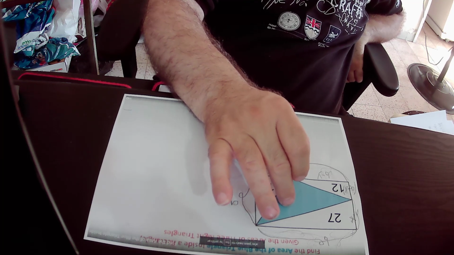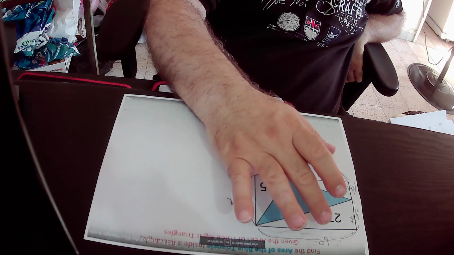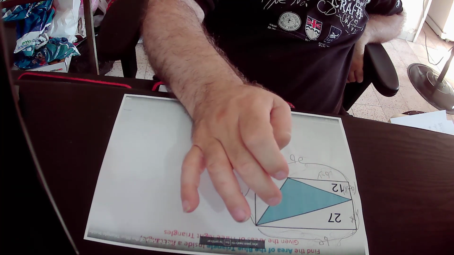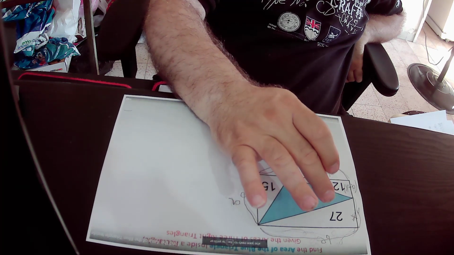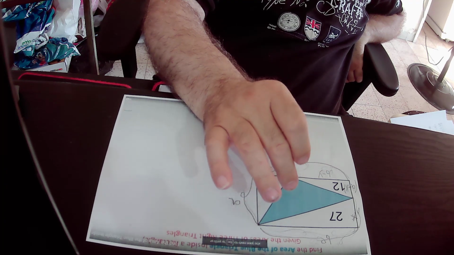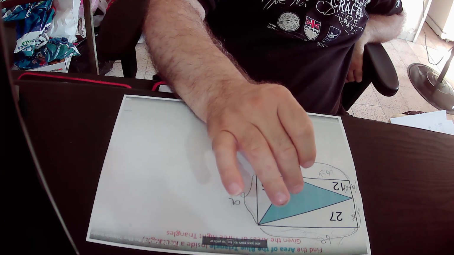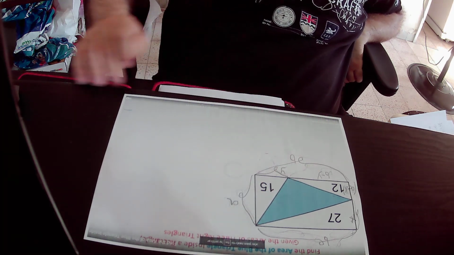That is the area of this blue triangle, because 90 units is the area of the rectangle minus the total area of those three right triangles, 54 units. So 90 minus 54 equals the area of this blue triangle. Okay, thank you very much.